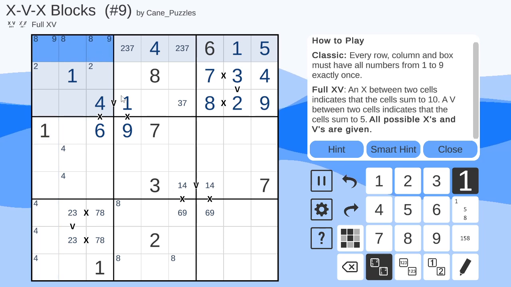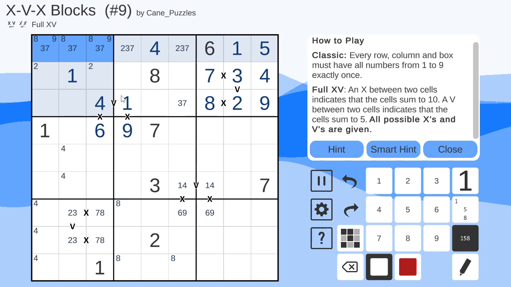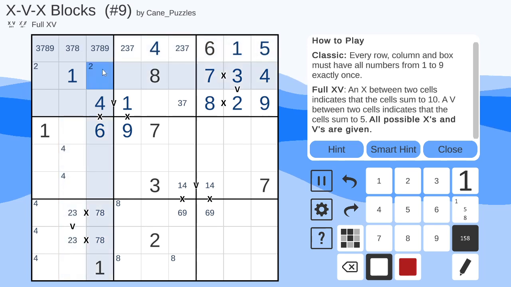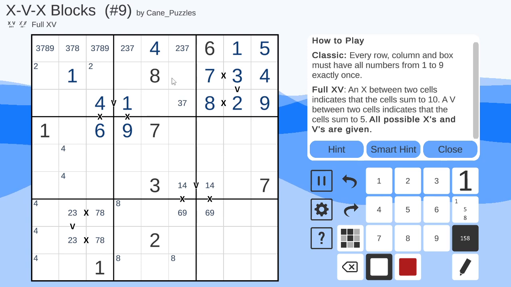This would be a 3 or 3, 7, 8, 9. Don't know if we're onto something here yet. This can't be a 9. This is 2, 3, 7.